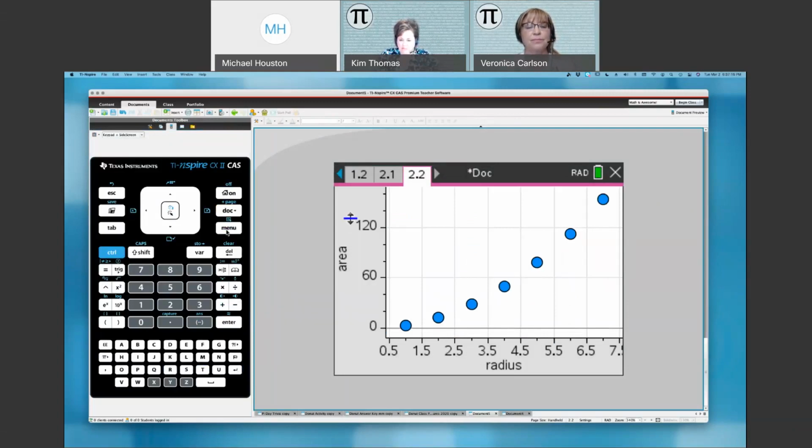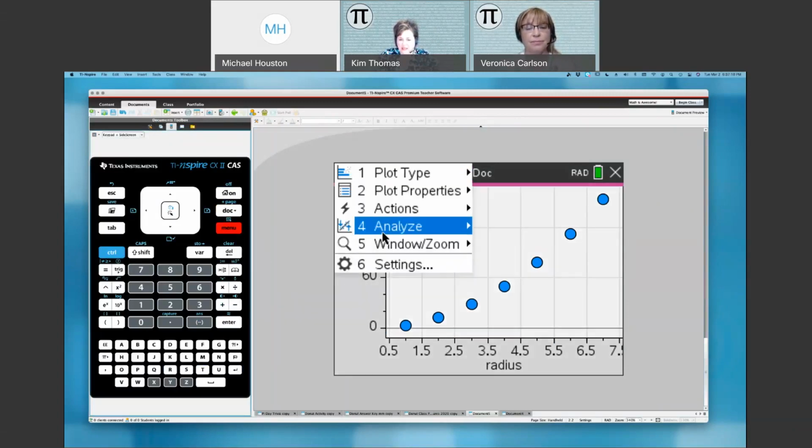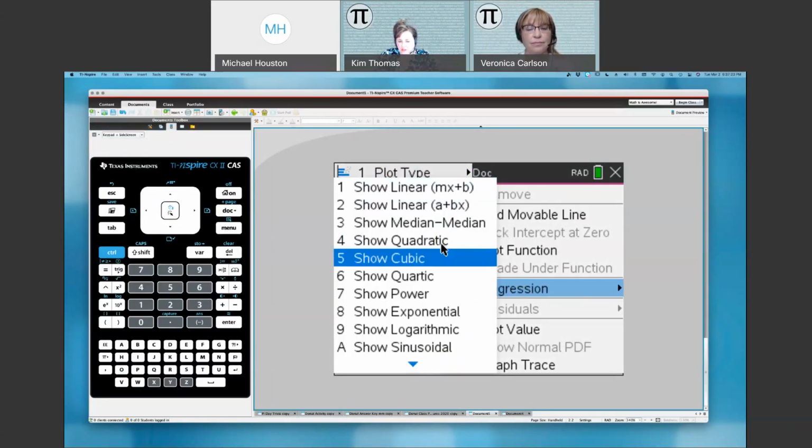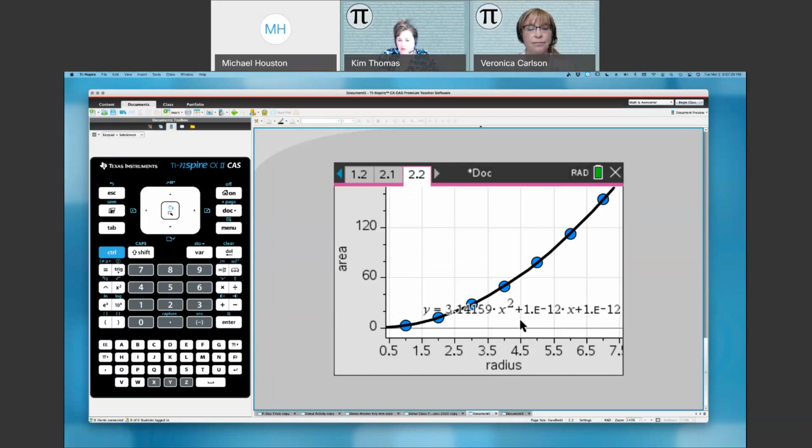When I hit menu, I can analyze my data. I'm going to look at that quadratic function, so I'm going to show the quadratic regression. And, you know, it's supposed to be exact data. So I do have my pi x squared, where my input was my radius. So that is my r squared, which is kind of cool.